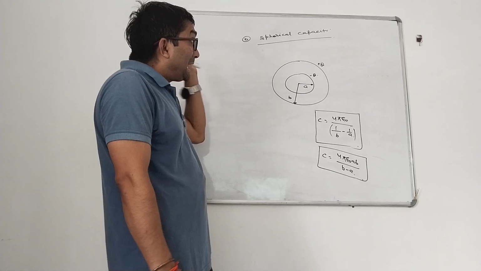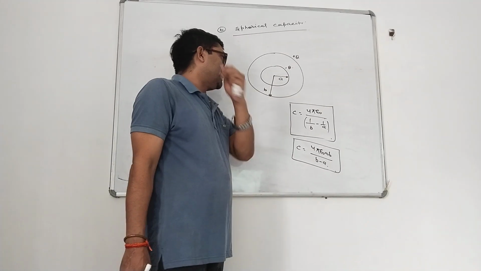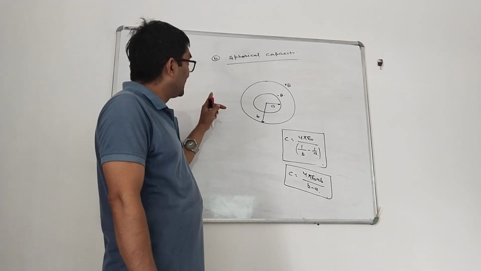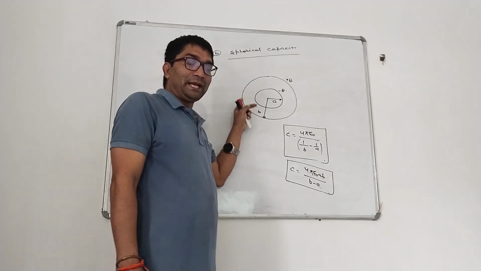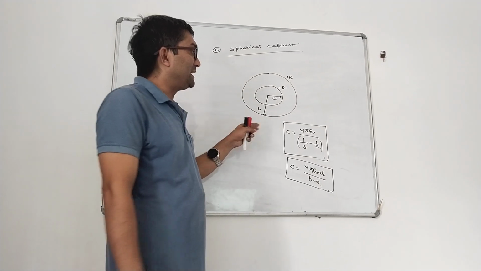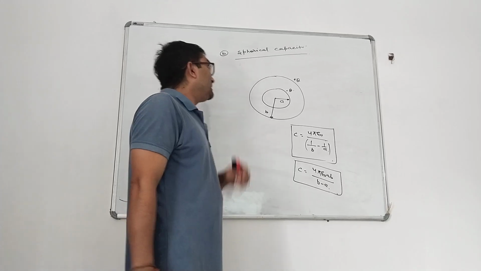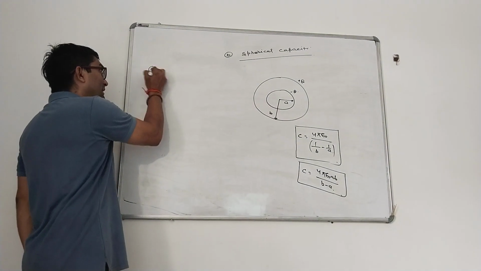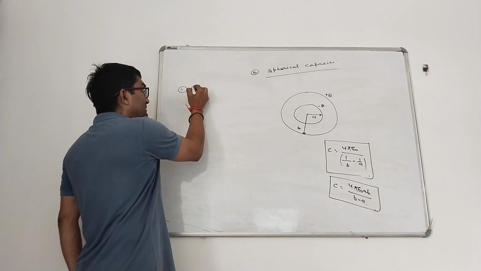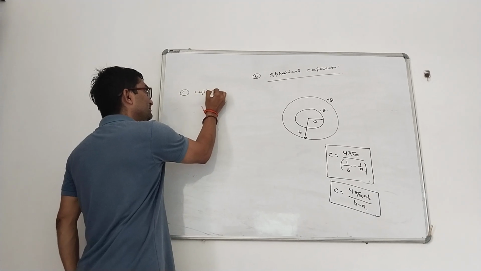Here I will discuss only the type of capacitor. So two types of capacitor I have seen now. First one is parallel plate capacitor and second one is spherical plate capacitor. Similarly, third one is cylindrical plate capacitor.